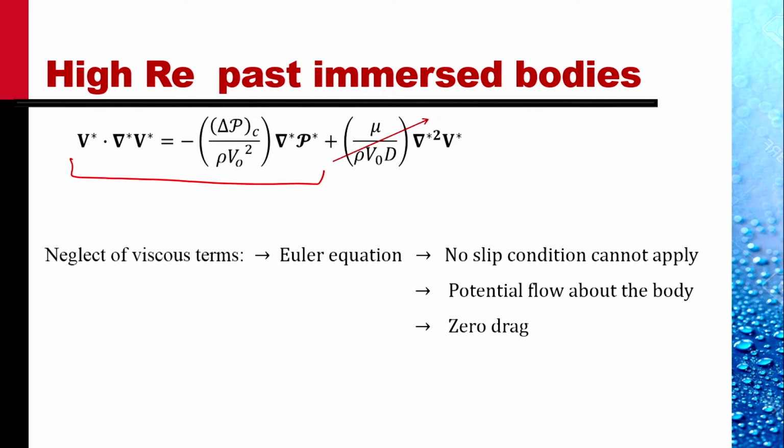Notice that this equation is a first order equation, not a second order equation, which it originally was. So we cannot apply all the boundary conditions. In particular, the no-slip condition on the body surface can no longer be applied.